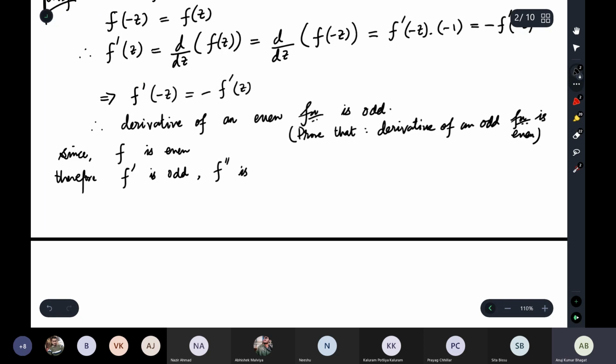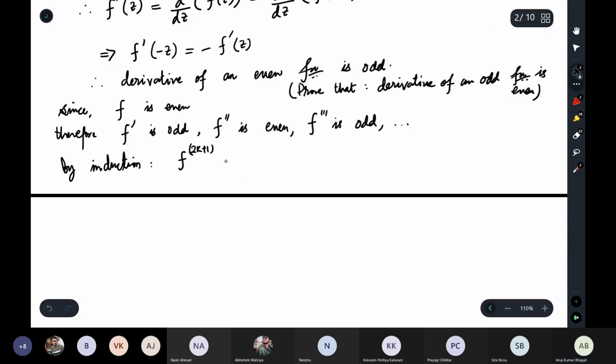So this implies f double prime is even, so f triple prime is odd, and so on, right? So by induction, what can I say? That the odd derivatives of the function are always odd.